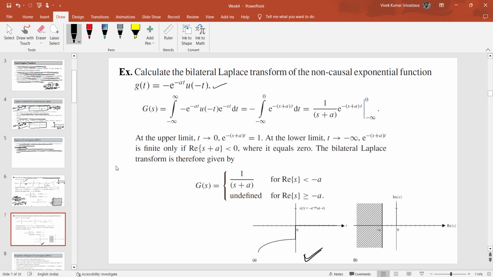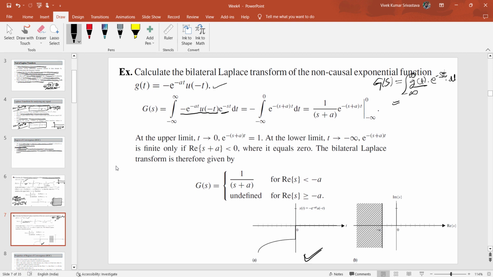So g of s is defined as the integral from minus infinity to infinity of g of t into e raised to the power minus st dt. Now we can put the value of g of t from this equation into the formula.